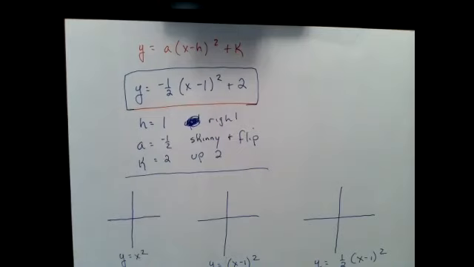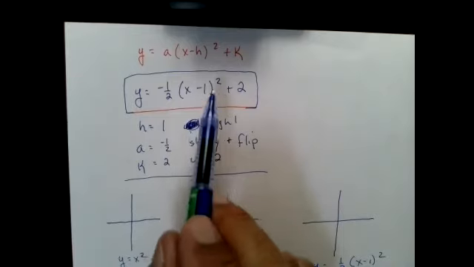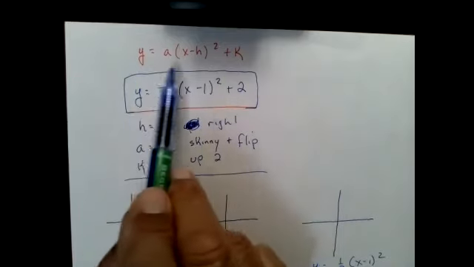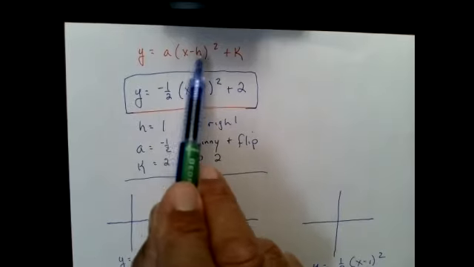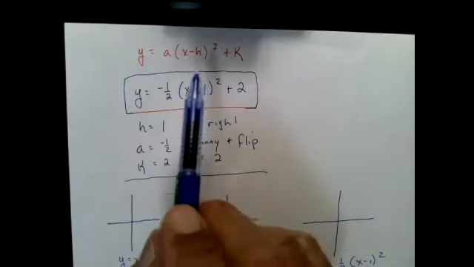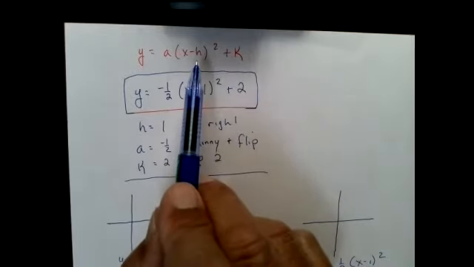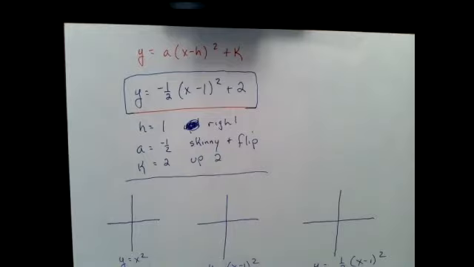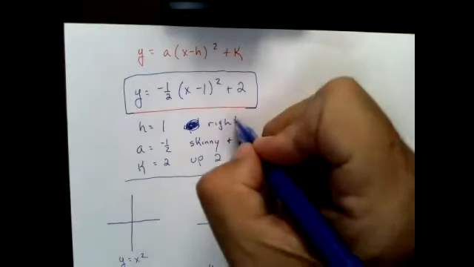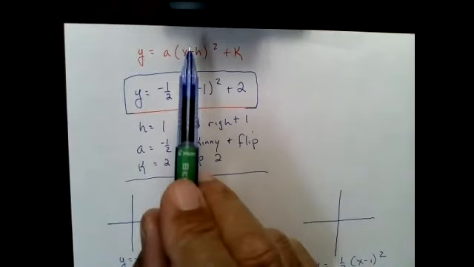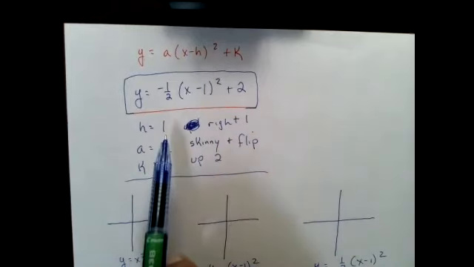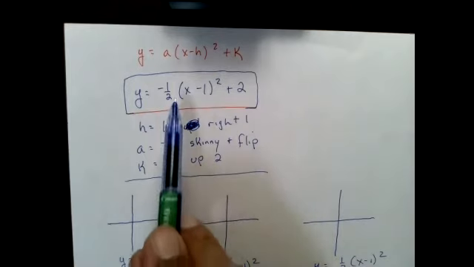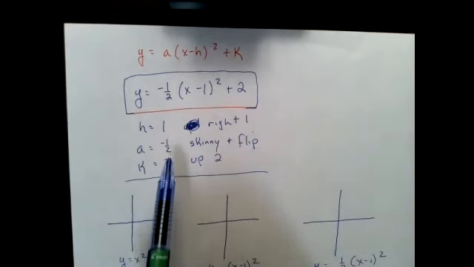I know my parent function is y equals x squared. Good, I like that one. I wrote the generic form, y equals a(x minus h) squared plus k. The more I keep writing this, the more I'm going to make sure my h's and my k's are straight, because sometimes they can be negative. All right, first thing is h. H is 1. I'm going to move to the right one. My a is -1/2.